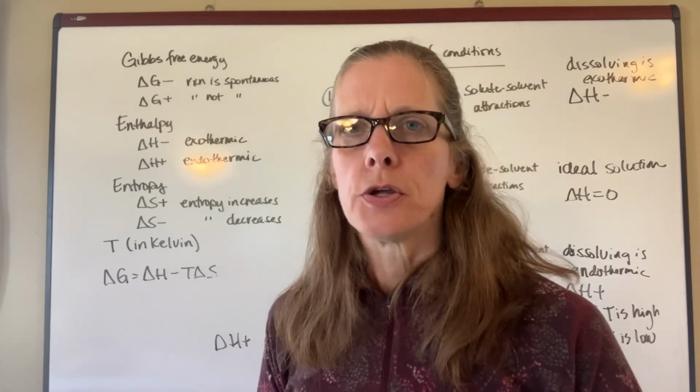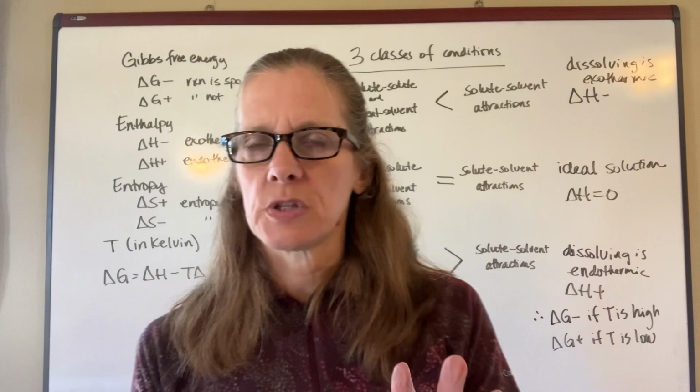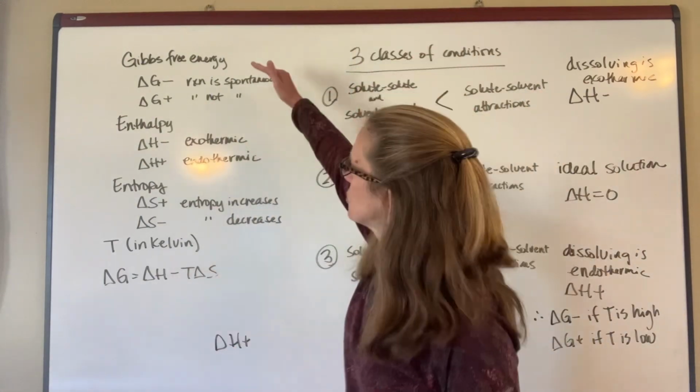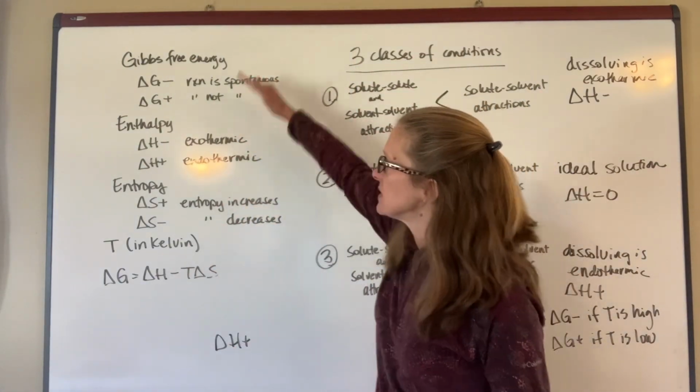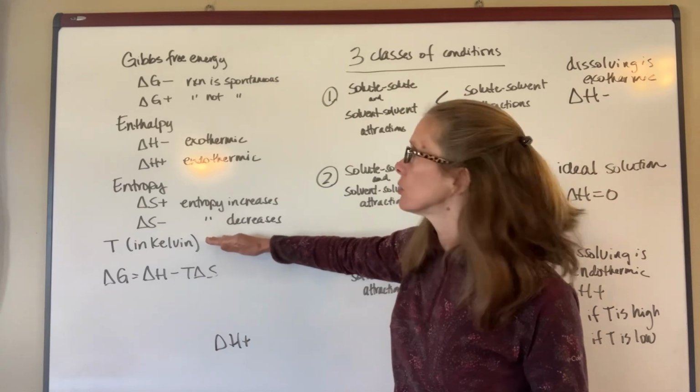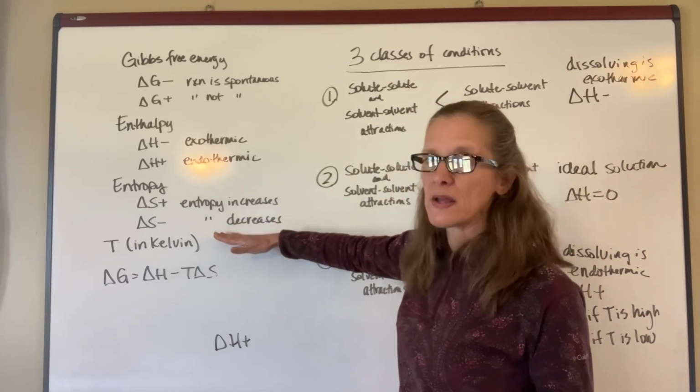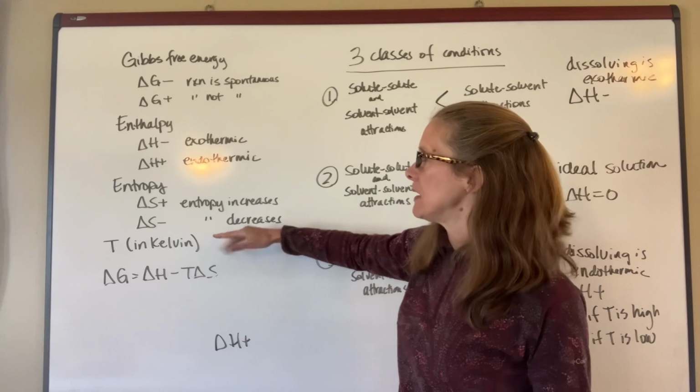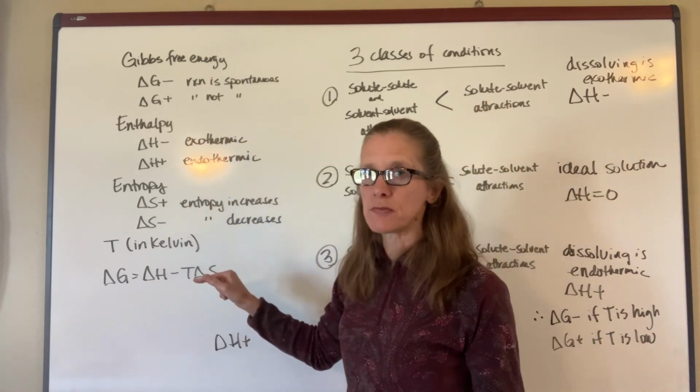Okay, so basically the tips that I can give you here, make sure that you have these pieces memorized, okay? You're going to have to know what's the situation if each one of these terms is positive or negative.